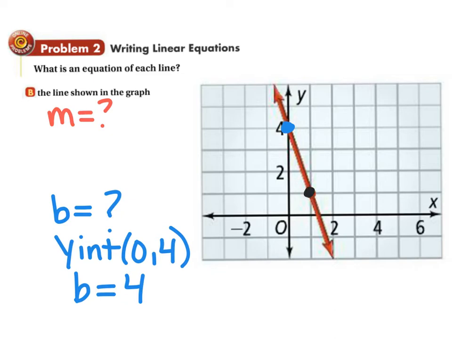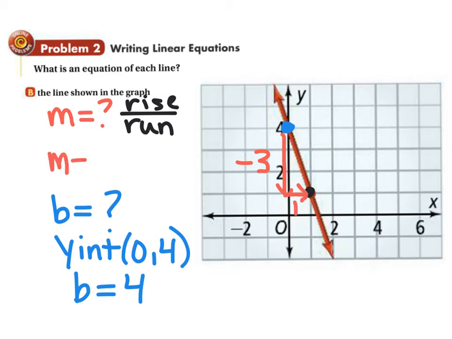Remember that slope is always rise over run. So in this case, I'm first going to move down 1, 2, 3 units. And since I'm moving down, it's negative 3. I'm moving over 1 unit. So my slope is -3 over 1, which simplifies to just -3.